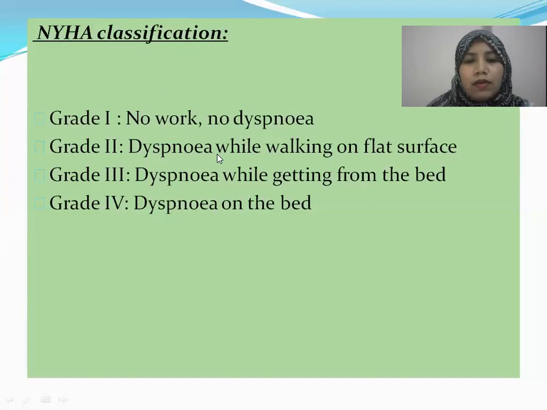If dyspnea occurs while walking on a flat surface, it is called grade 2. Grade 3, there is marked limitation. If dyspnea occurs while getting up from the bed, it can be classified as grade 3. And grade 4 is a severe condition of heart failure in which the symptoms occur even while resting on the bed.